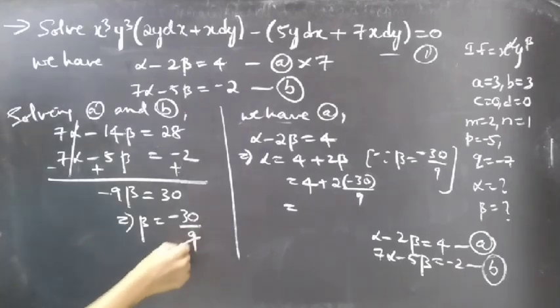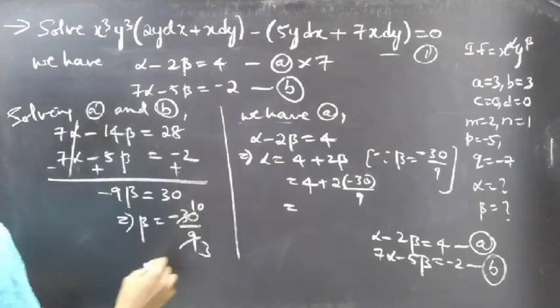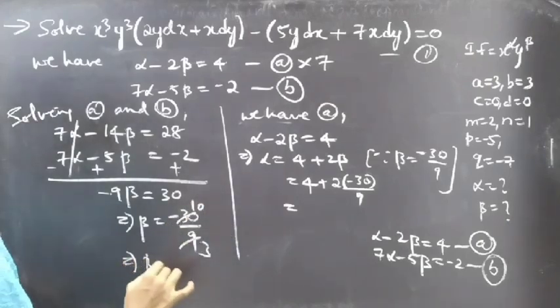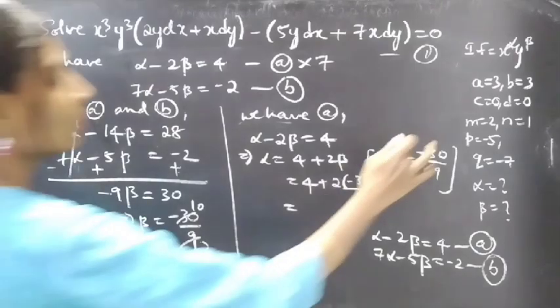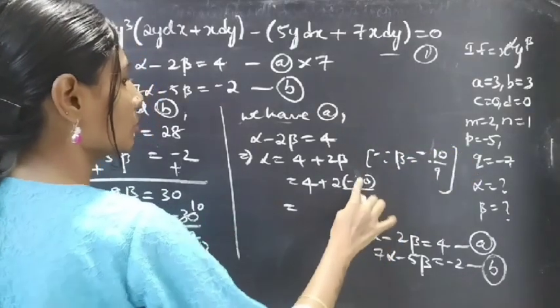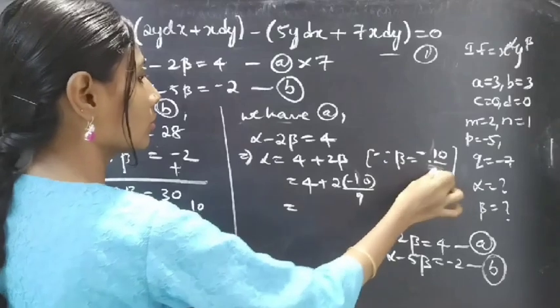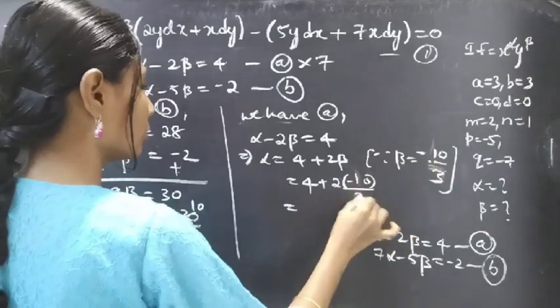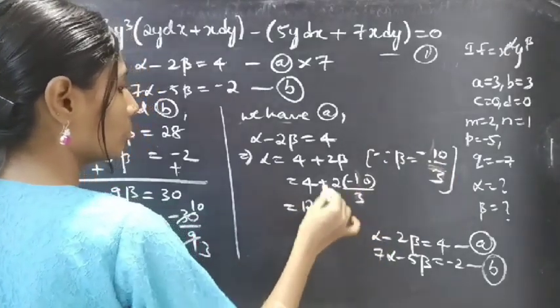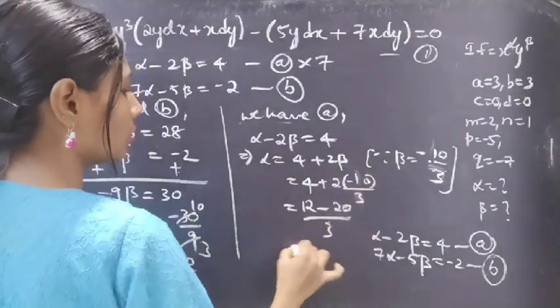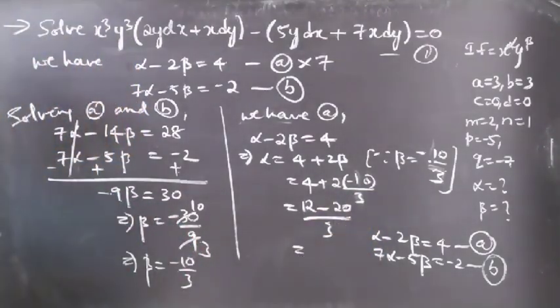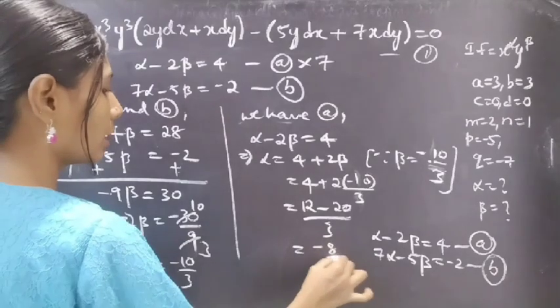Here itself you can get minus 10 by 3. Let's substitute minus 10 by 3. This gives us 12 plus minus minus, 2 times 10 by 3 is 20 by 3. 12 minus 20 by 3 gives minus 8 by 3.